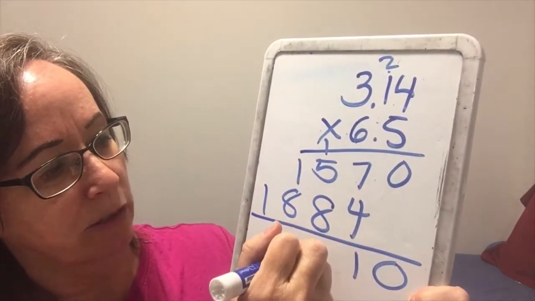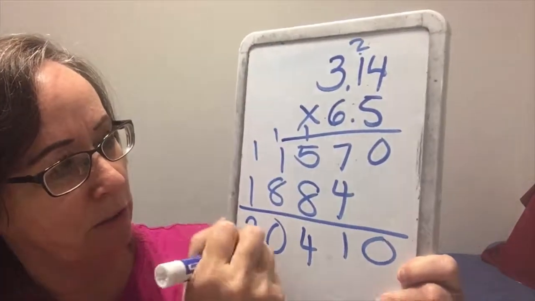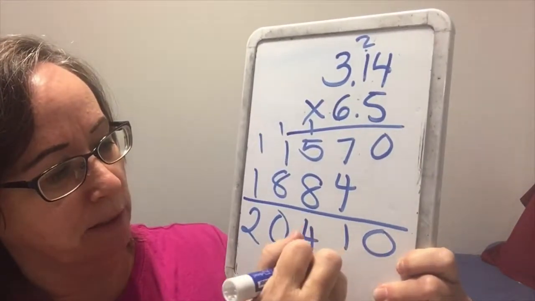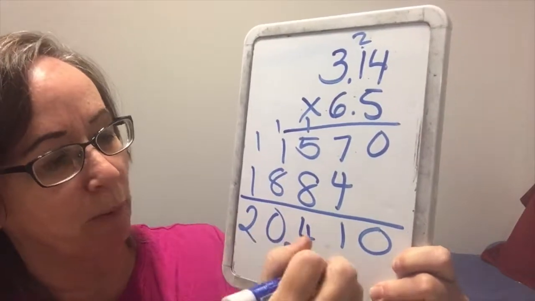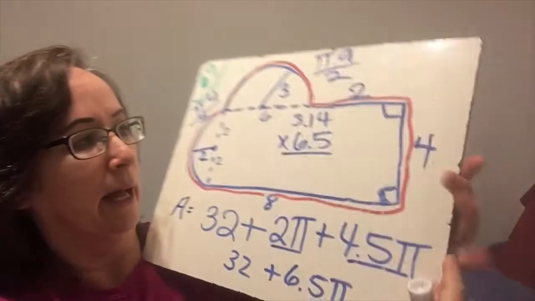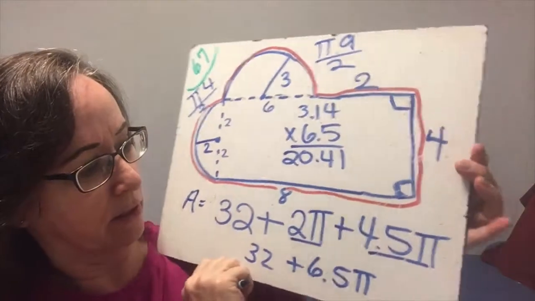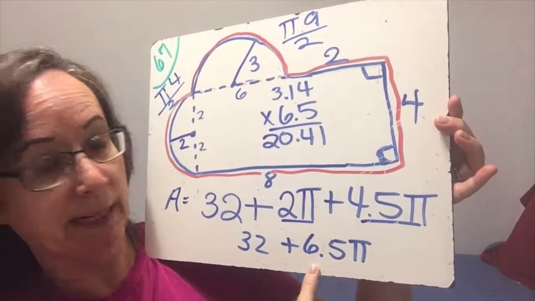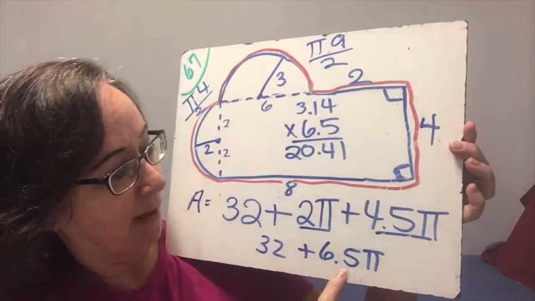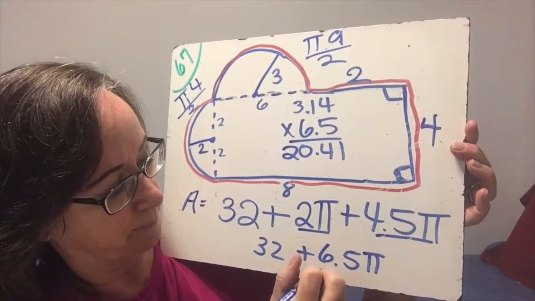8 plus 5 is 13, 14. 10, 2, 3 decimal places. 1, 2, 3. 20.41. So 20.41 will come over here to my other board. 20.41 was that answer. So right here, in place of my 6.5 pi, I'm going to put 20.41.